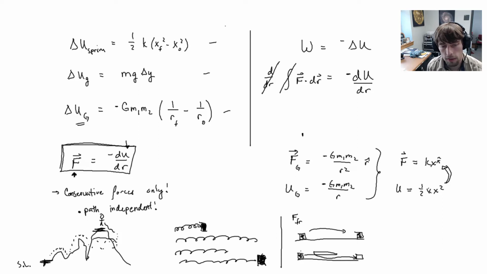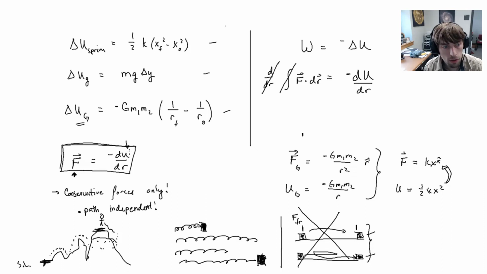In these two situations, you'll see that this one has a different energy loss than that one because they took two different paths. Even though they start at the same spot and end at the same spot, the fact that they had to take two different paths means they're going to lose different amounts of energy. And that means this is a non-conservative force.